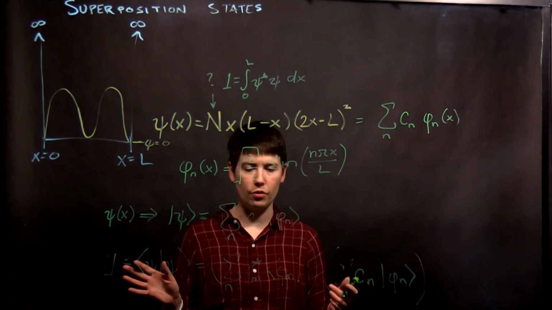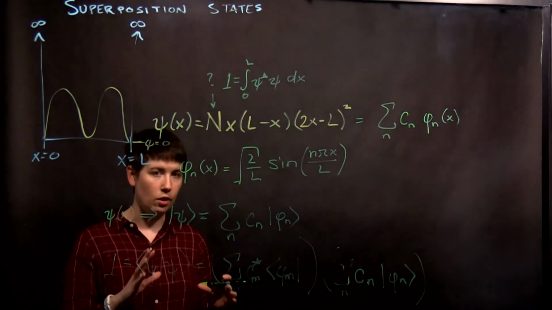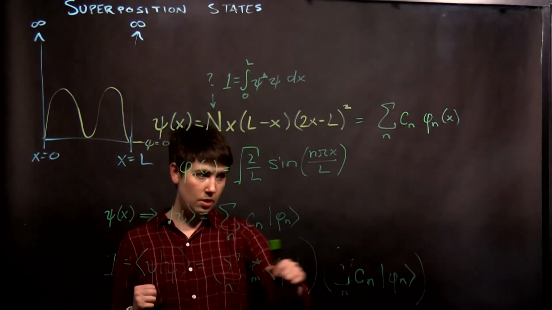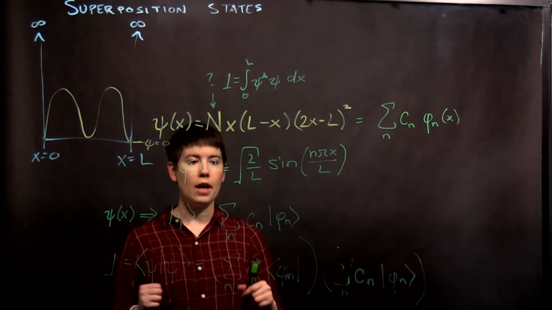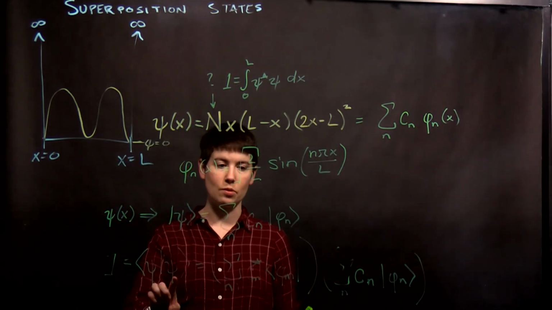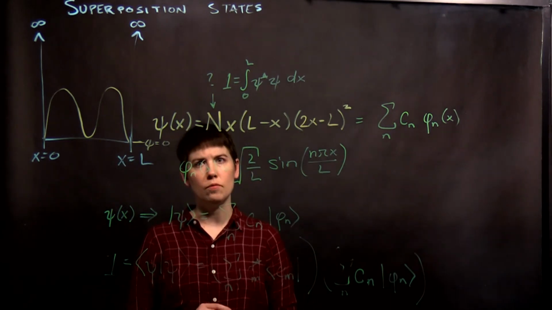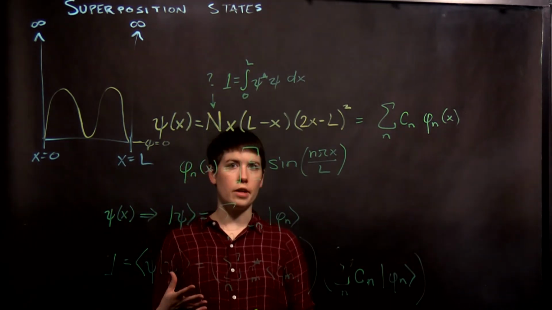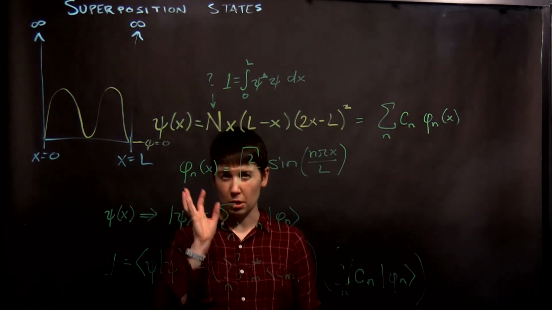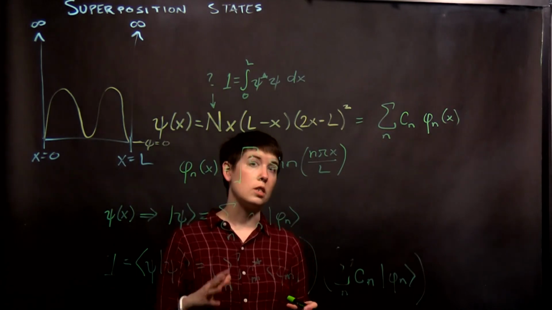I'm going to have to start a new video to actually do this out, but I'm trying to give you a preview of where we're going. Where we're going with this is trying to actually get these values of C. And what it's going to effectively come down to is a relationship between psi and our energy eigenstates. And there's going to be an integral involved. If you've seen a Fourier transform before, we're not quite to a Fourier transform per se, but it's going to look mathematically like there's some similarities.